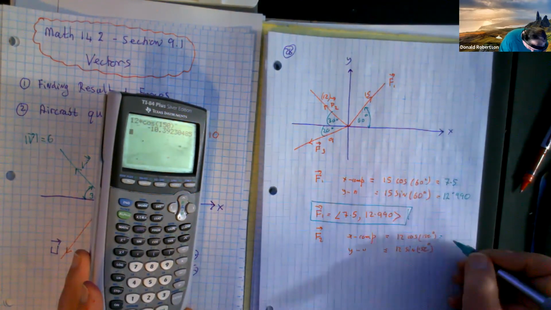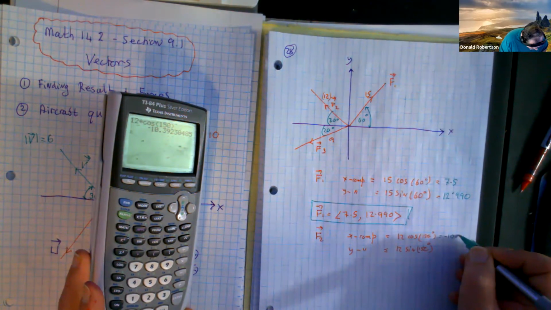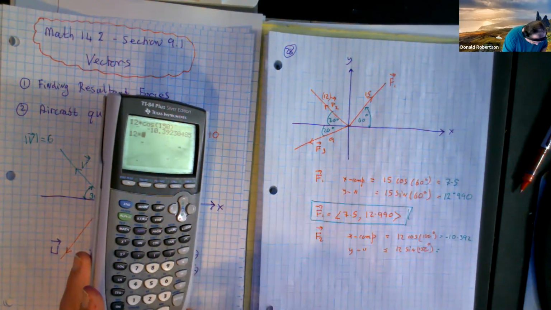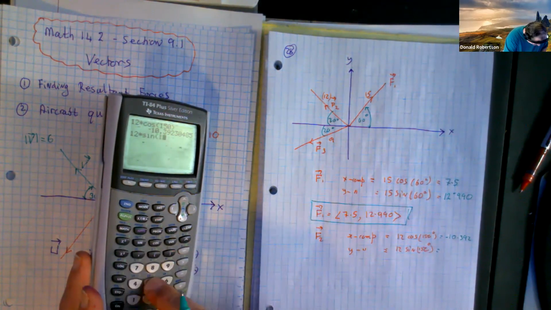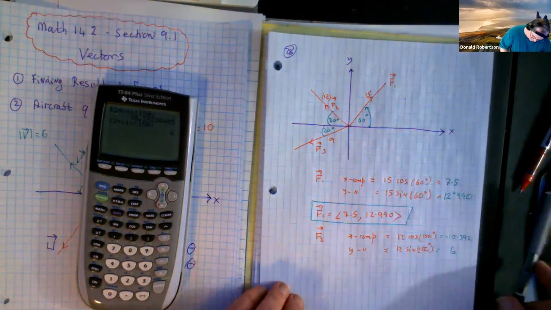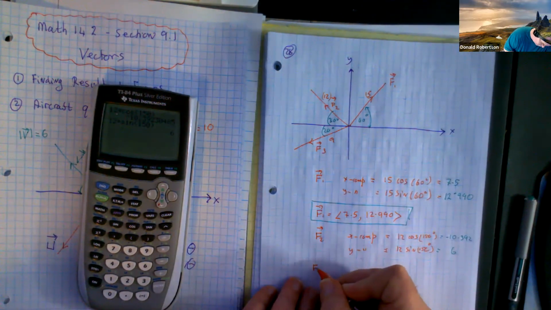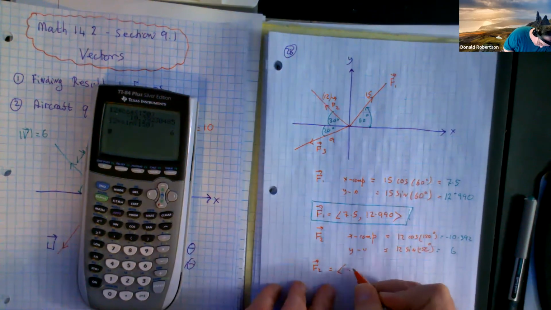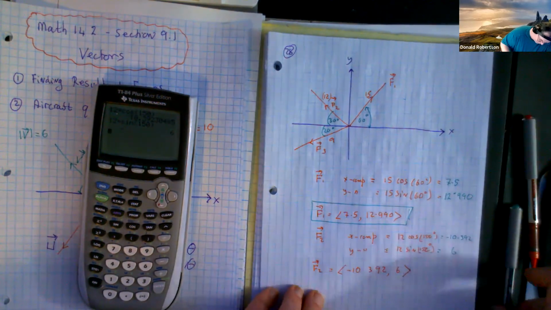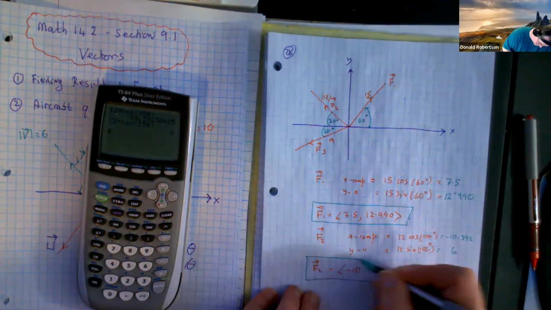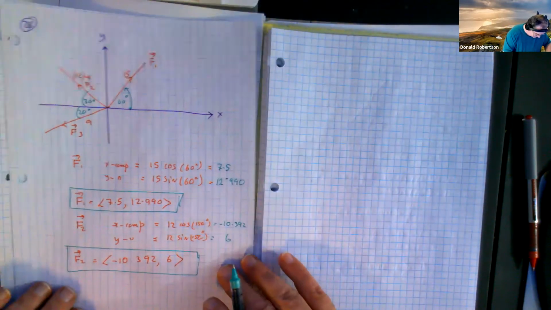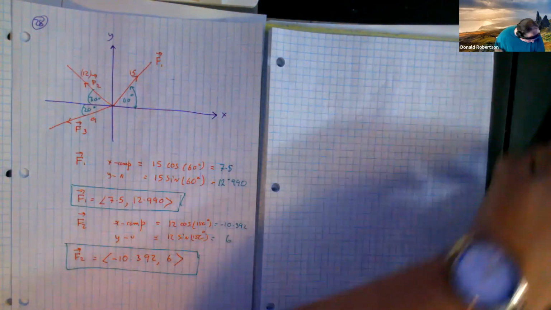Don't like the answer, but it is what it is. Negative 10.392. And this one is going to be 12 times the sine of 150. That's a nice answer. So our second vector F2 is negative 10.3926 and 6. Put a little box around that to remember who it is. And our final one, F3.